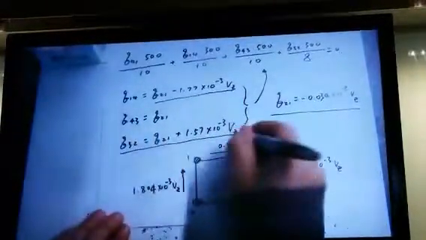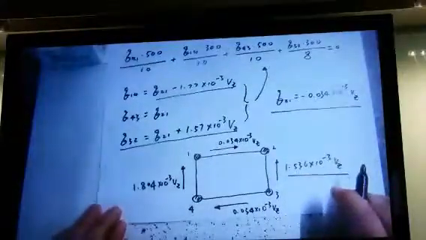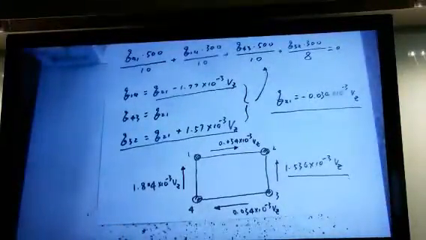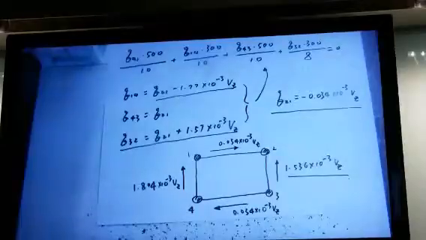Q32, I use this formula. So this is all of the shear flow in this closed section beam.